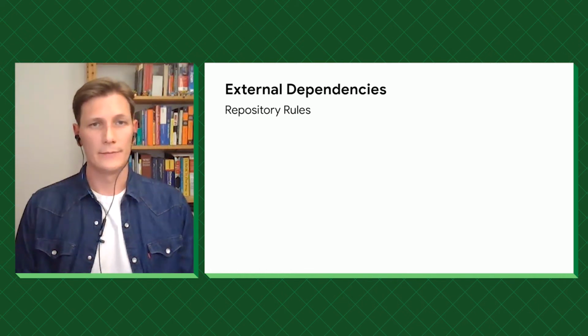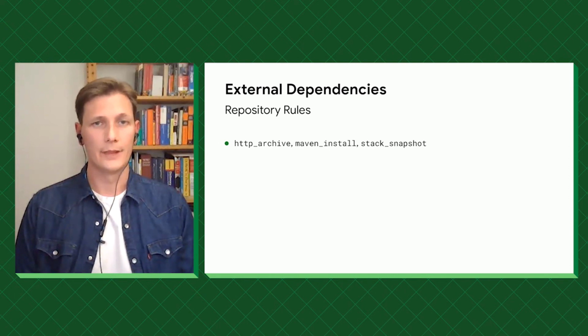For example, we use HTTP archive to simply download sources or other artifacts from the web, or we use rules like maven install from rules JVM external or stack snapshot from rules Haskell to integrate with a package manager. In case of maven, we can download pre-built jars from the web, but in case of Haskell, the package index offers packages by source, and we need to download and then compile them ourselves. We need to be cautious about when we compile these packages.